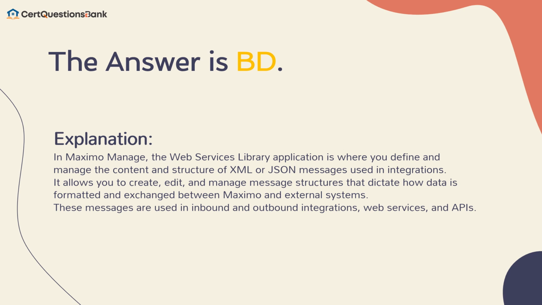In Maximo Manage, the Web Services Library application is where you define and manage the content and structure of XML or JSON messages used in integrations. It allows you to create, edit, and manage message structures that dictate how data is formatted and exchanged between Maximo and external systems. These messages are used in inbound and outbound integrations, web services, and APIs.